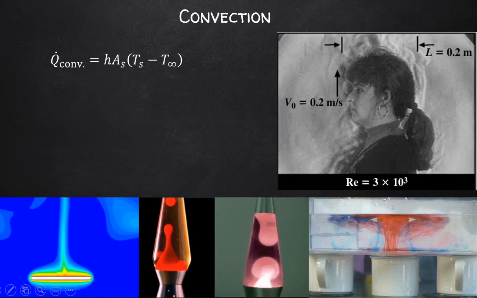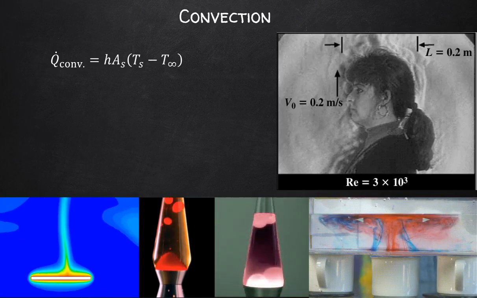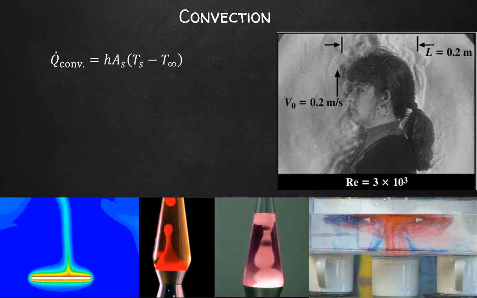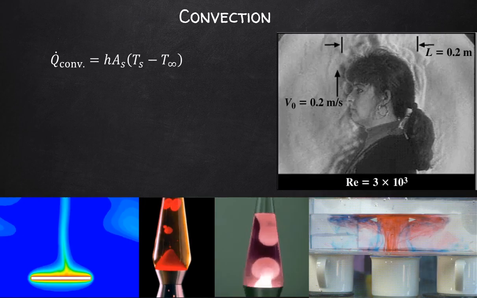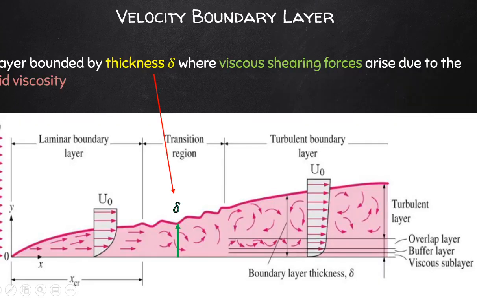Now, convection is all about fluids and the movement of fluids, of course, and how they interact in the presence of temperature gradients and surfaces that are either hotter or colder than the fluids themselves. Our first approach to understanding convection is in the context of flat plates. Why is this the case?